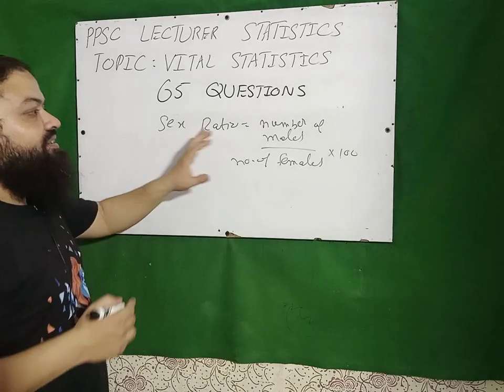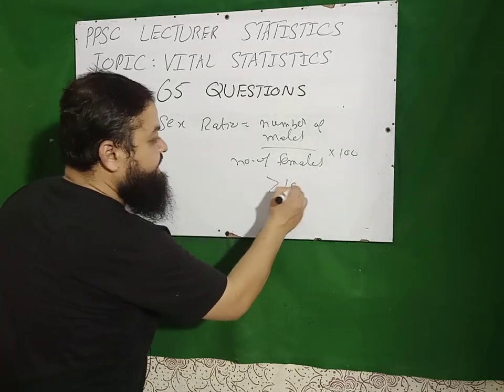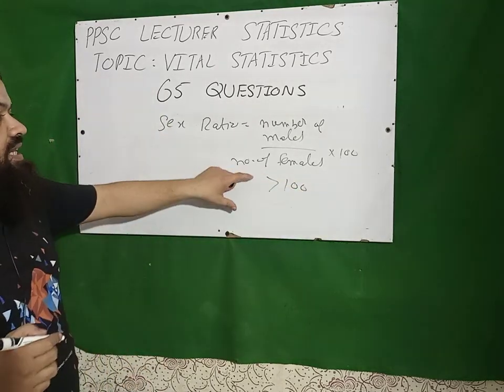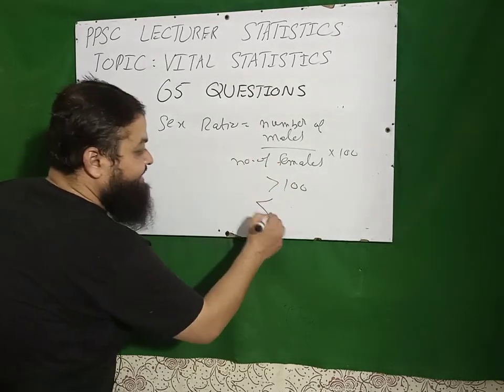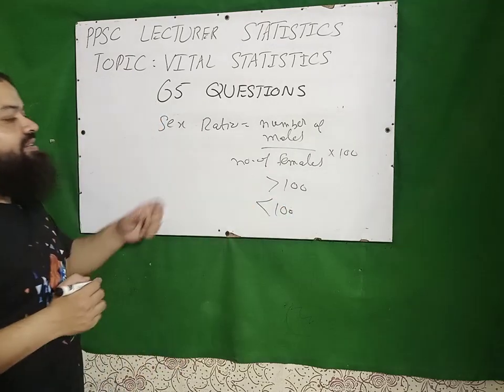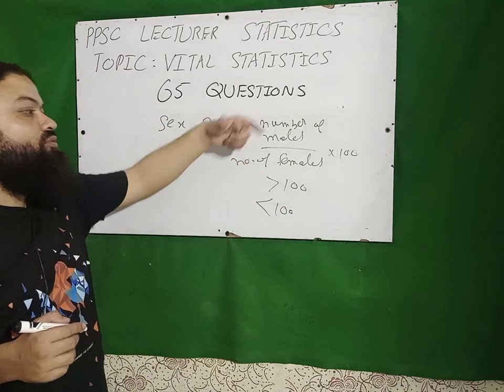If the answer is greater than 100, it means that there are more males as compared to females. If the answer is less than 100, it means that there are more females as compared to males.